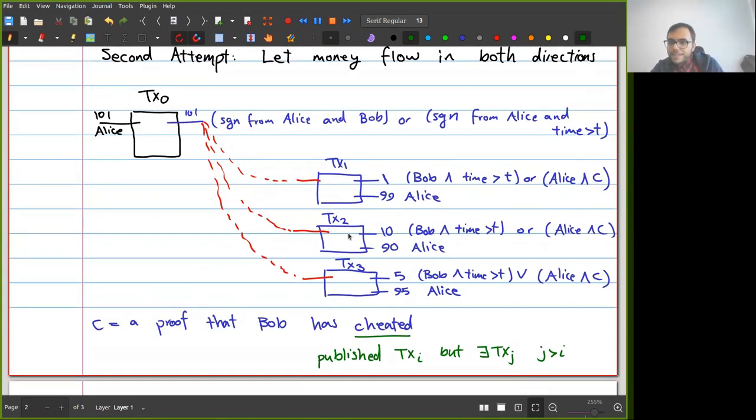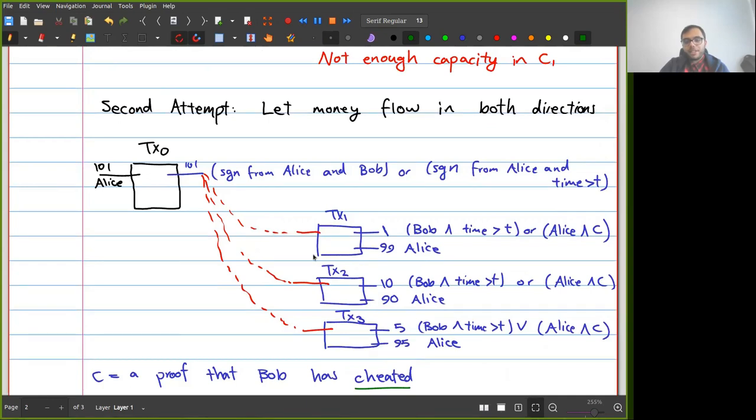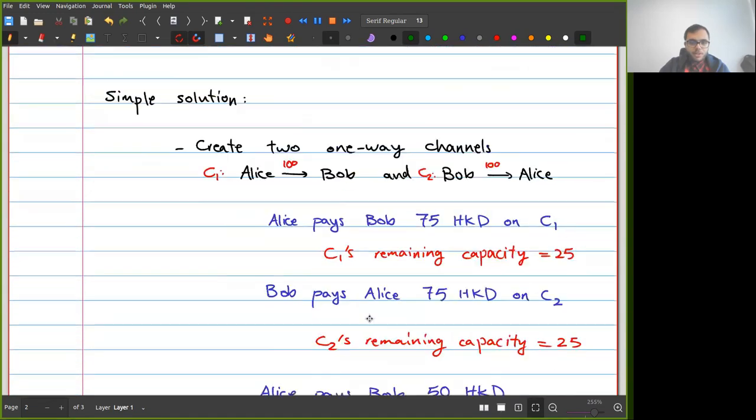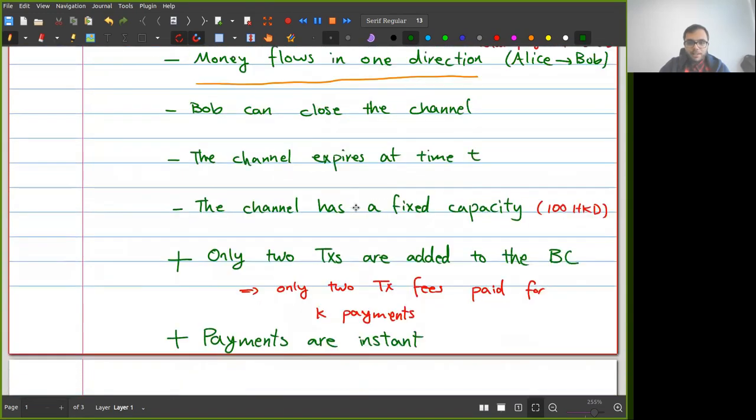So another question in the chat. The channel will run out of money once Alice paid Bob. It's not very well defined what you mean by the channel running out of money. Alice can pay up to 100 units to Bob here, and the way she does that is that for every payment, she creates a new transaction. I think what you mean is what I call Bob closing the channel.